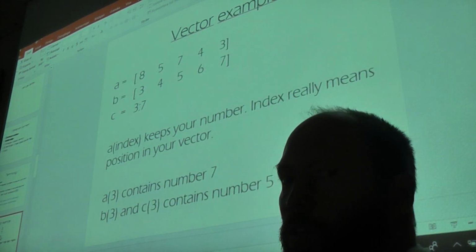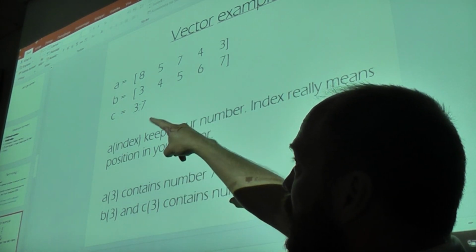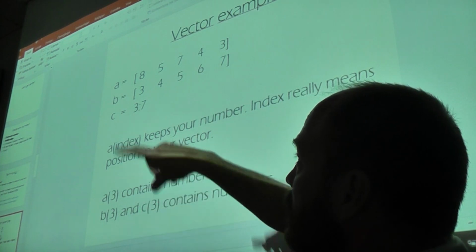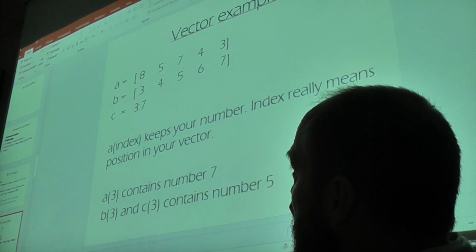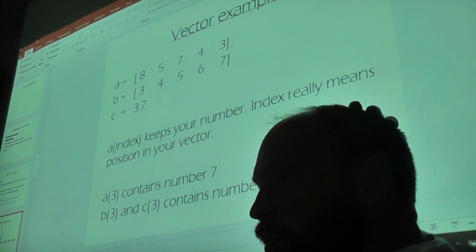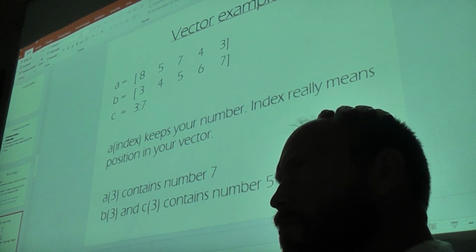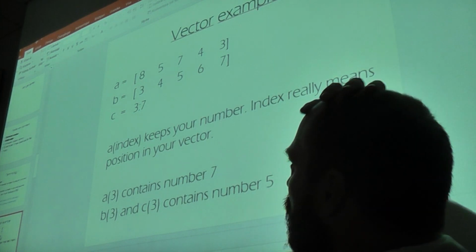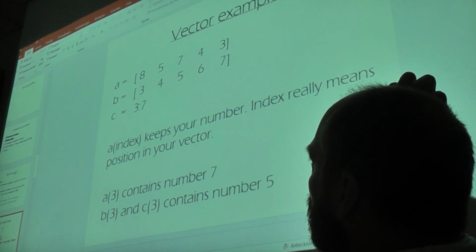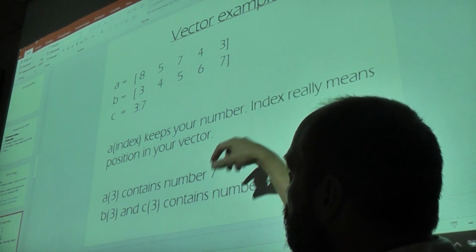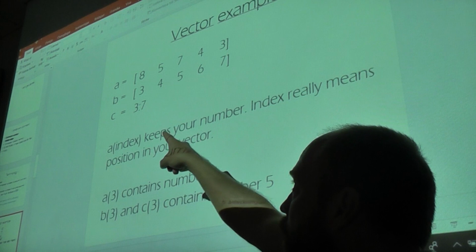So here's a vector example. If you type this in the command window, A equals, and then hard brackets and numbers, you can do that right now. We'll see what happens. It will create variables, which in fact is like a spreadsheet. And you can make vectors very easy by using the colon command.